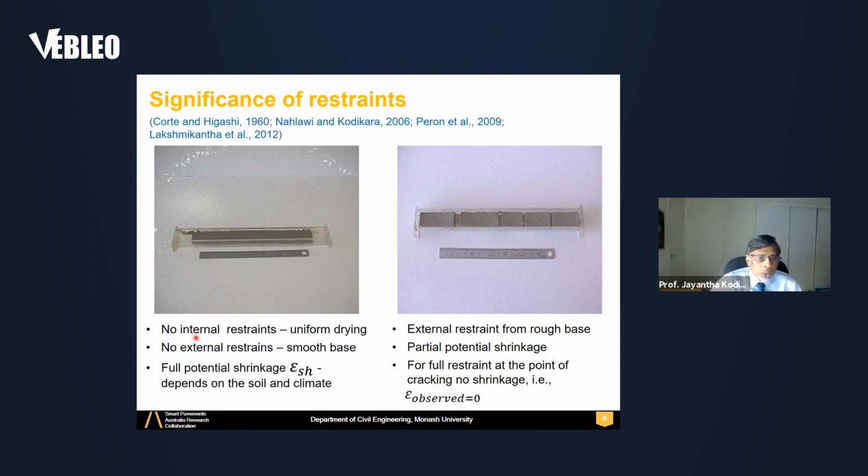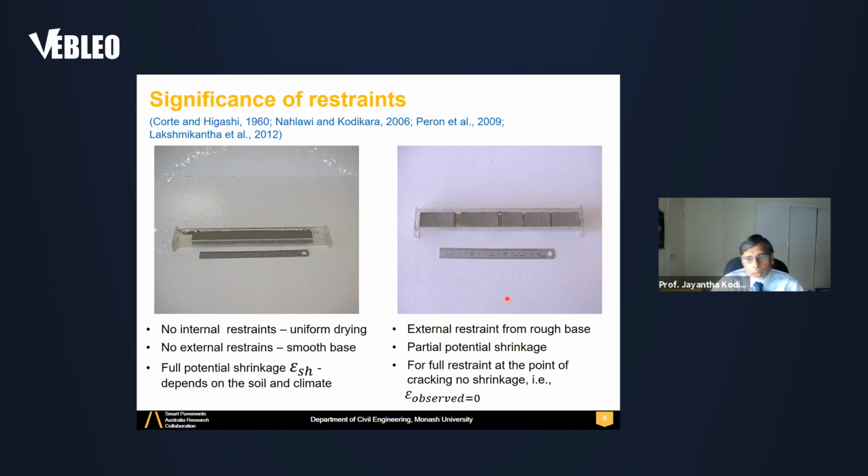You can see no internal restraints, uniform drying because we dried it slowly, and no external restraints, with a smooth base. Therefore, if we don't have any internal or external restraints, you will get full potential shrinkage, referred to as epsilon SH. This depends on the soil and the climate.